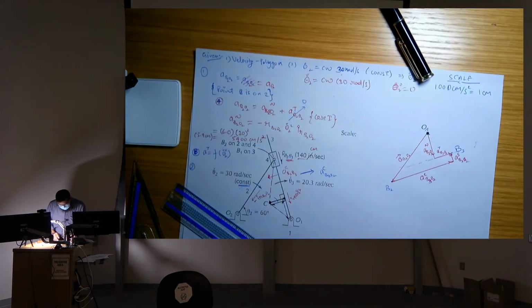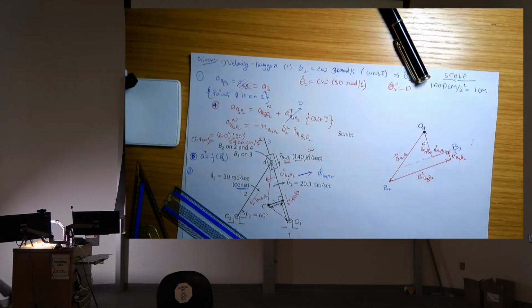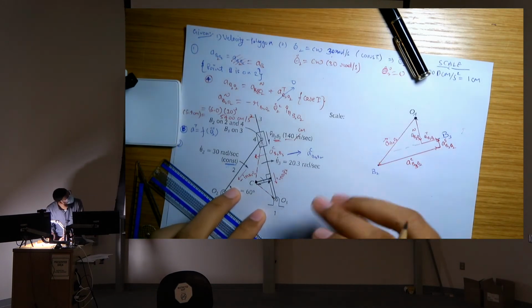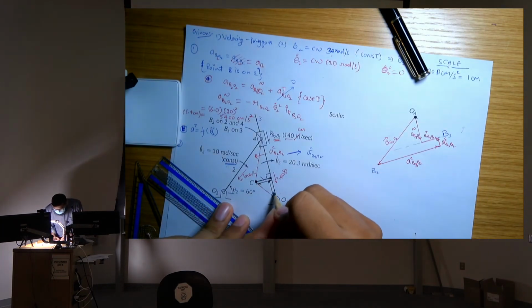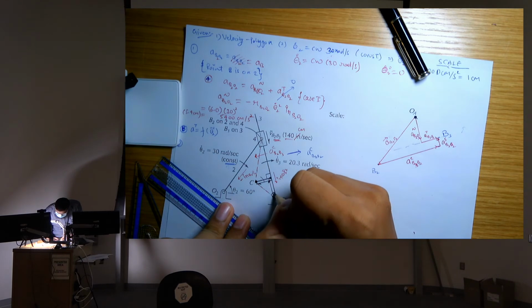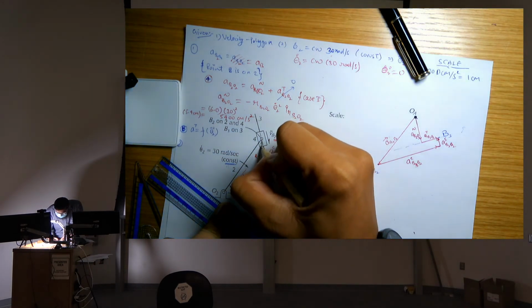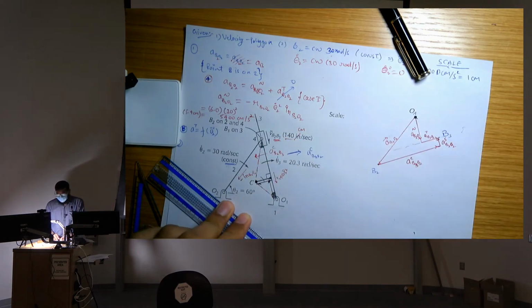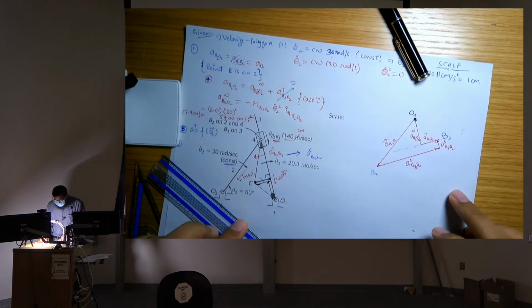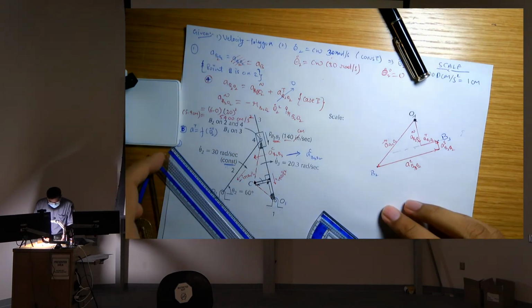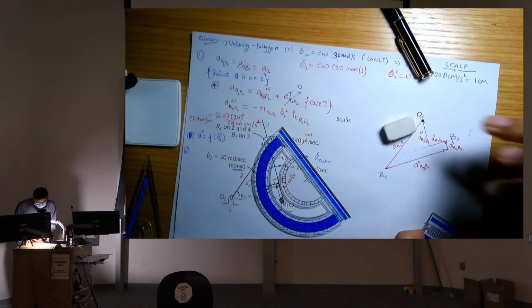I'll just show you. Where's the protractor? Okay, so see, if you measure this angle, and if you measure this angle, because you know the base, you have the angles, and we'll just replicate these angles over here.